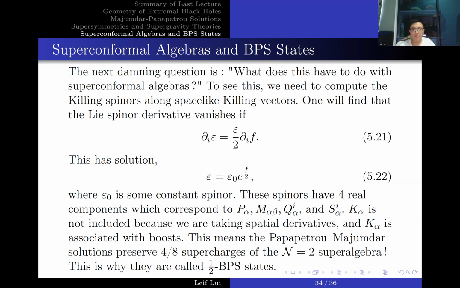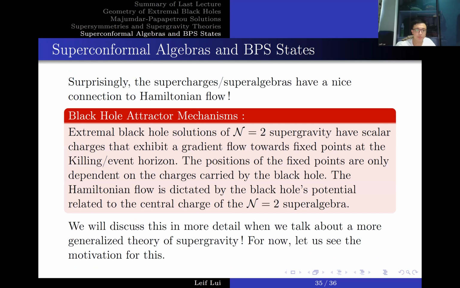And moreover, this is really interesting because P alpha is associated with 4-momenta, where the 0 component is energy, and energy is essentially mass in general relativity. And what happens is, since P alpha satisfies a superconformal algebra, the mass can be superposed because they satisfy a commutator relation, which is really, really cool.